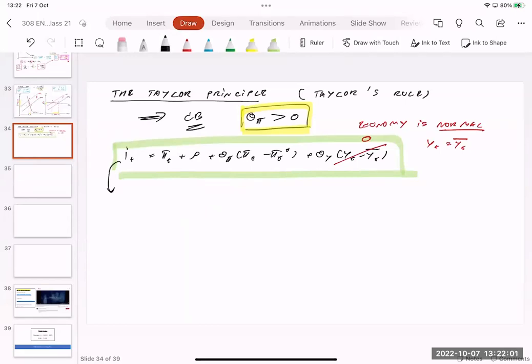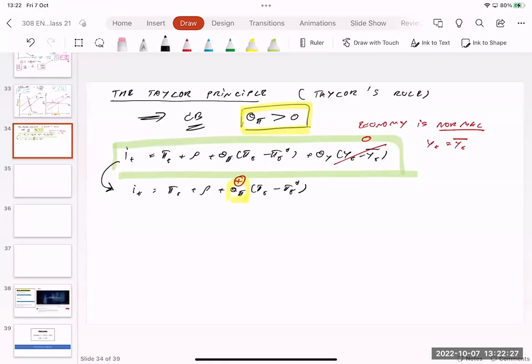Then our equation is reduced to i_t equals pi_t plus rho plus theta_pi (pi_t minus pi_t star). And Taylor says that theta_pi needs to always be greater than 0, or always positive.